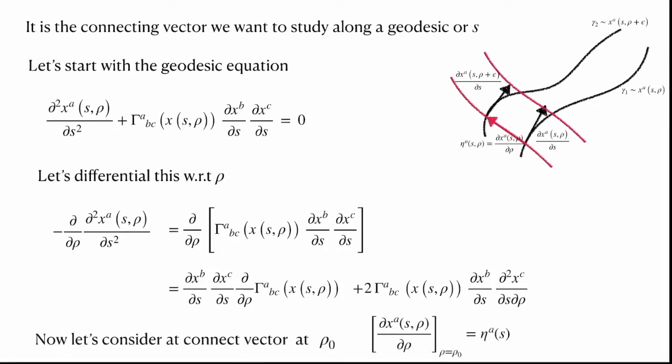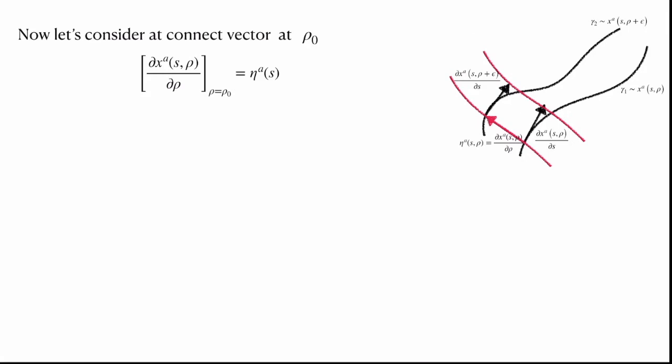Now we can see that we have an expression here which involves rho. We can pull it in, and then we can express it in terms of the connecting vector. These are partial differentials, so we can easily flip them in any order. We know that partial differentiation commutes, and so we can bring this in, and then we have dx a by d rho, and that is what gives us the connecting vector between the two geodesics or family of geodesics.